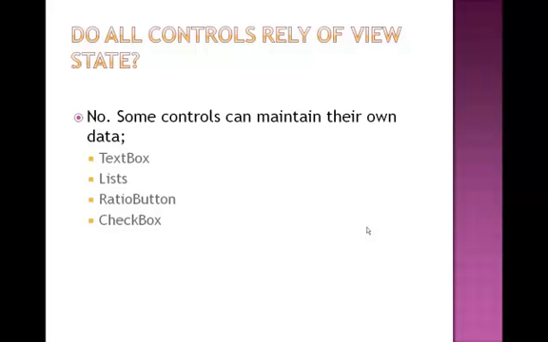So when a page with such a text box is posted back, the browser also sends the value of the control back to the server, and this way the ASP runtime can simply look at that value and pre-populate the text box again, instead of having to read the value from view state. Apparently this makes it more efficient than relying on view state, because view state can contain a large number of values, and you're going to send the values twice if you're using the text box elements.